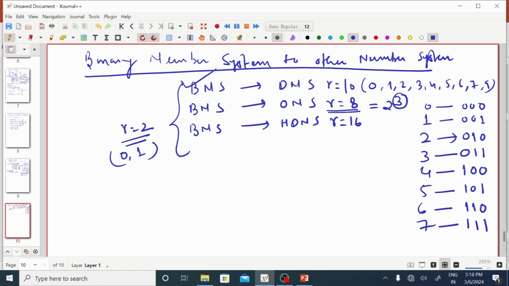Let us see what the process is. Suppose this is the binary number 1 0 1 1 0 1 1 0 1 0 0 1 point 1 0 0 1 0 0 1 1 1 0 0.